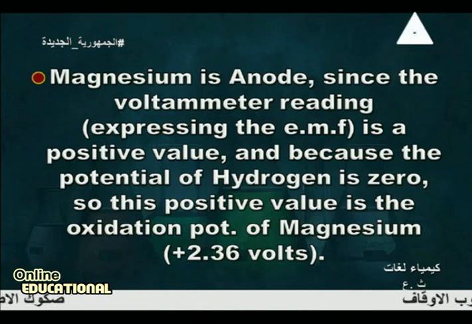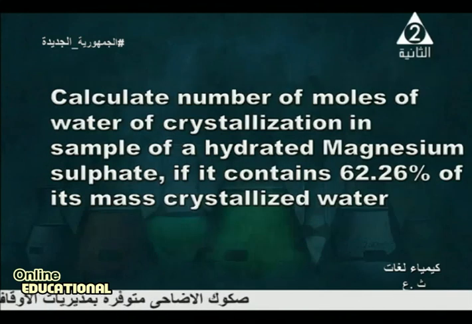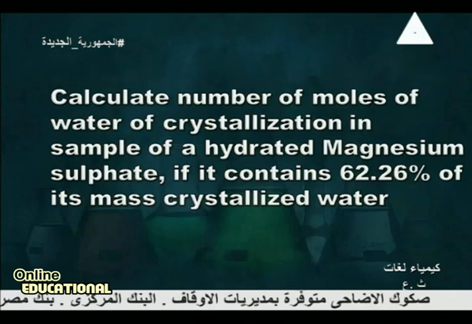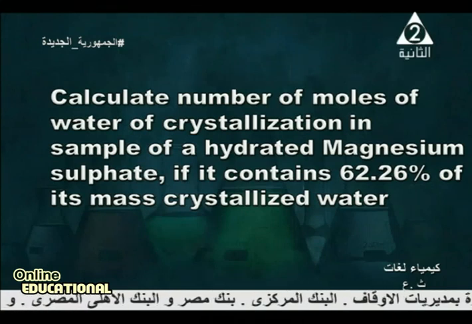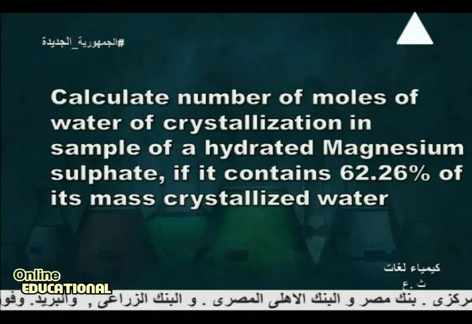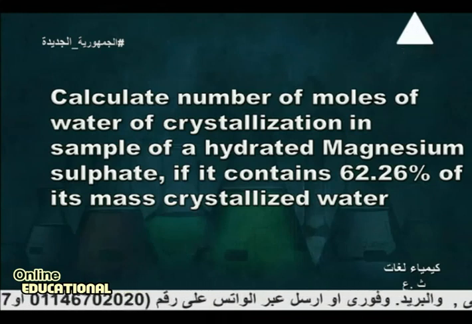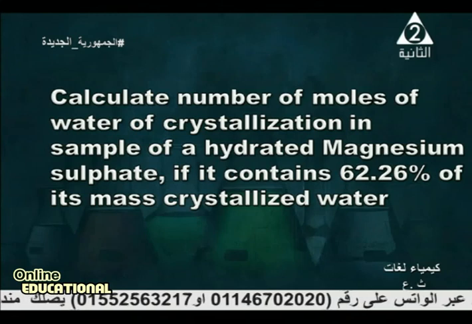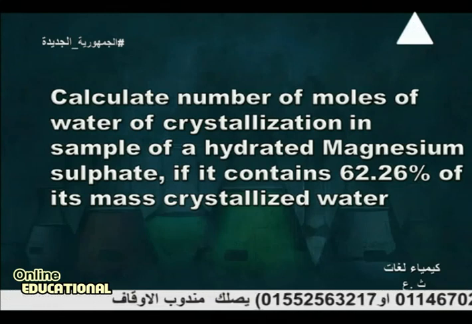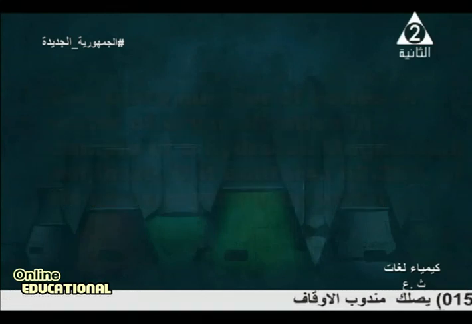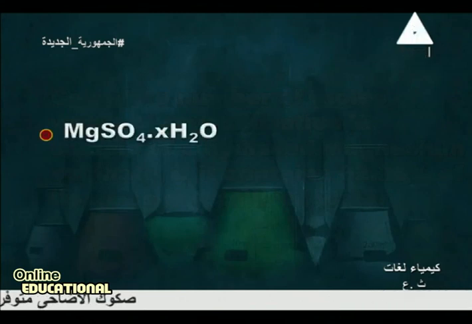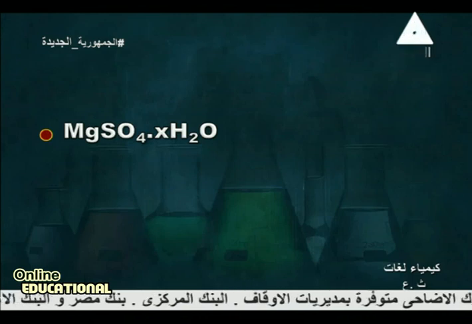Calculate the number of moles of the water of crystallization in the sample of hydrated magnesium sulfate, if it contains 62.26% of its mass as water of crystallization. Now, MgSO4.XH2O.